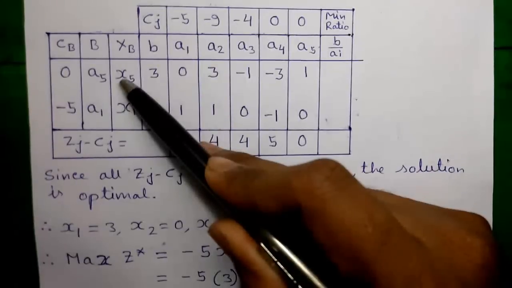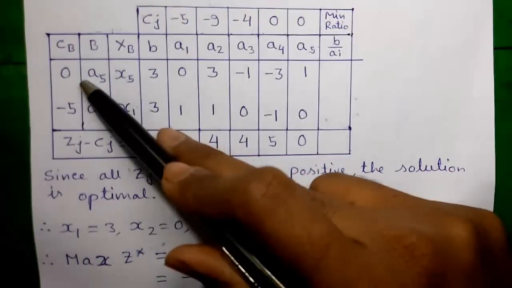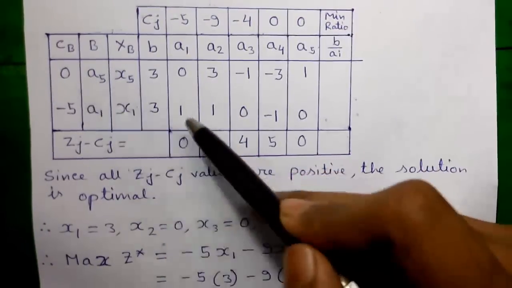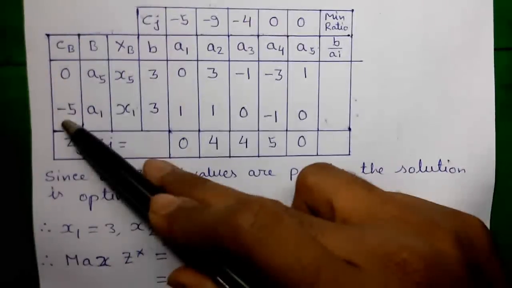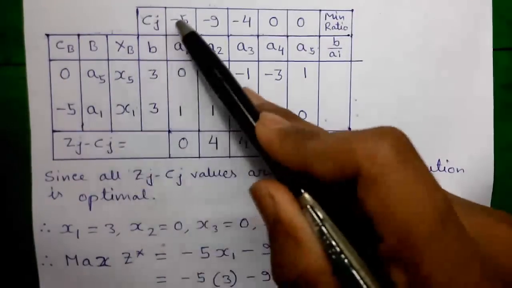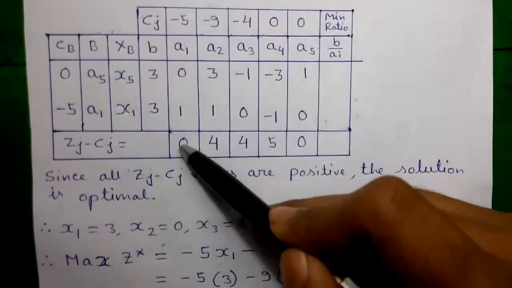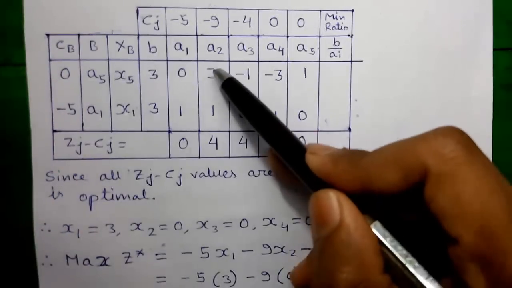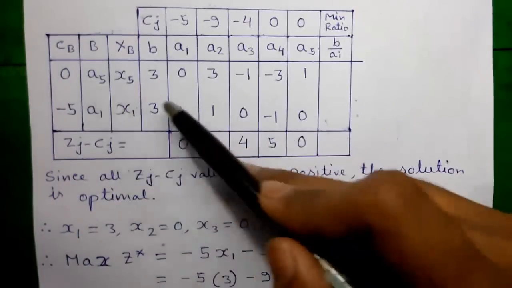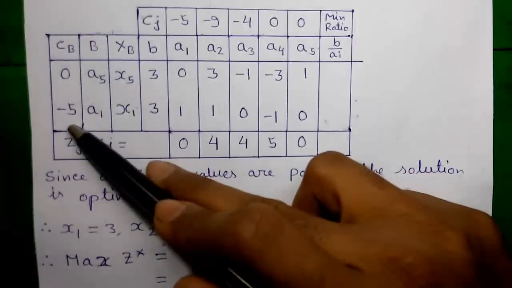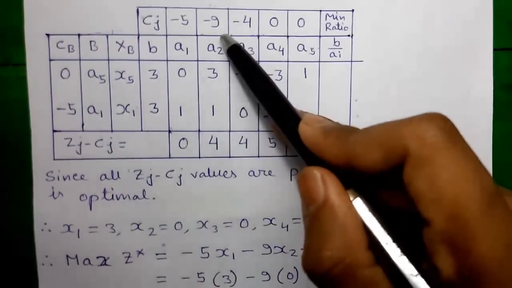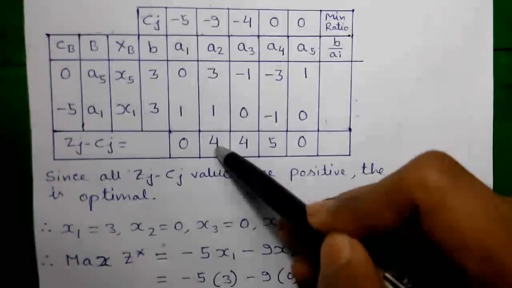Now let's start the calculation. This number into this number, that is 0 into 0, plus this number into this number, that is 1 into minus 5, minus of minus 5, that equals 0, written here. So for A2, 3 into 0 plus 1 into minus 5, minus of minus 9, that equals plus 4.